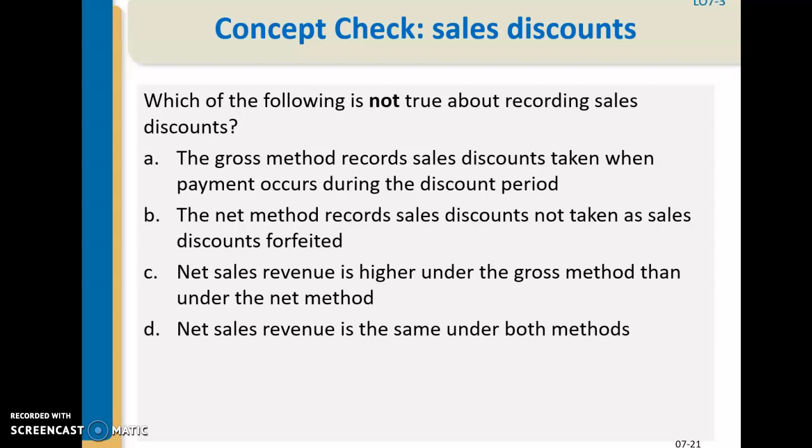Is it B, the net method records sales discounts not taken as sales discounts are forfeited? Is it C, net sales revenue is higher under the gross method than under the net method? Or is it D, sales revenue is the same under both methods? Choose your answer. We're looking for the one that is a false statement regarding sales discounts.